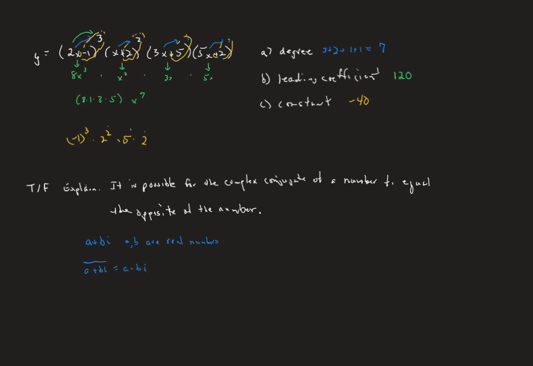You leave the real part the same and change the sign of the imaginary part. The opposite of a number is the negative of that, which means it's going to be the opposite of a and the opposite of b. So the first one is the conjugate. The second one here is the opposite.